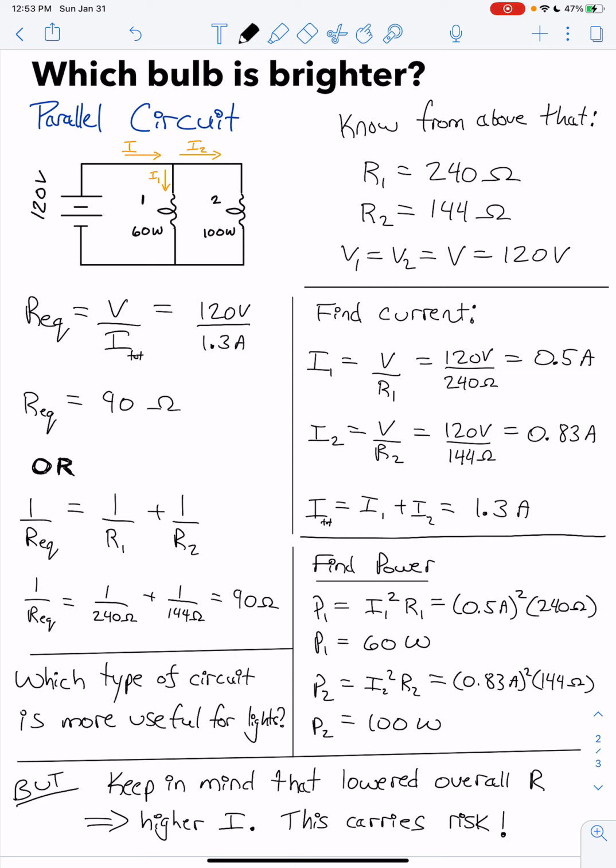So there is this balance here that we don't just get power for nothing. You have wires that are rated to handle a specific maximum amount of current, and it is very unwise to exceed that. So here's our analysis of these classic which bulb is brighter questions. Hopefully it was illuminating.